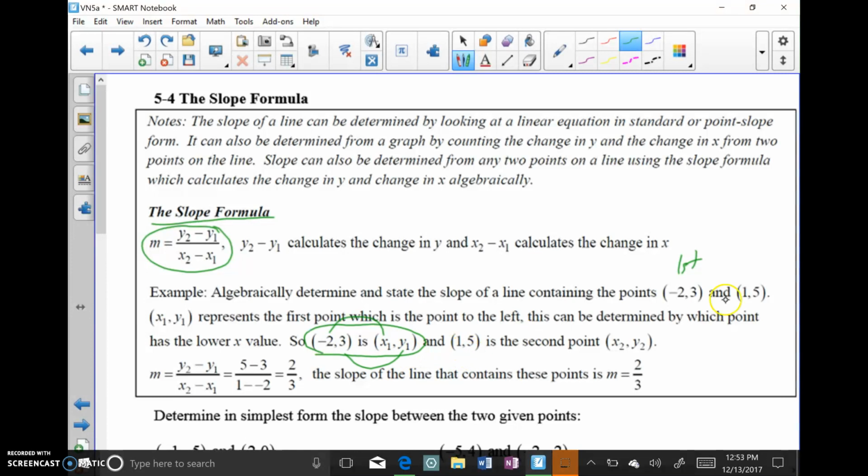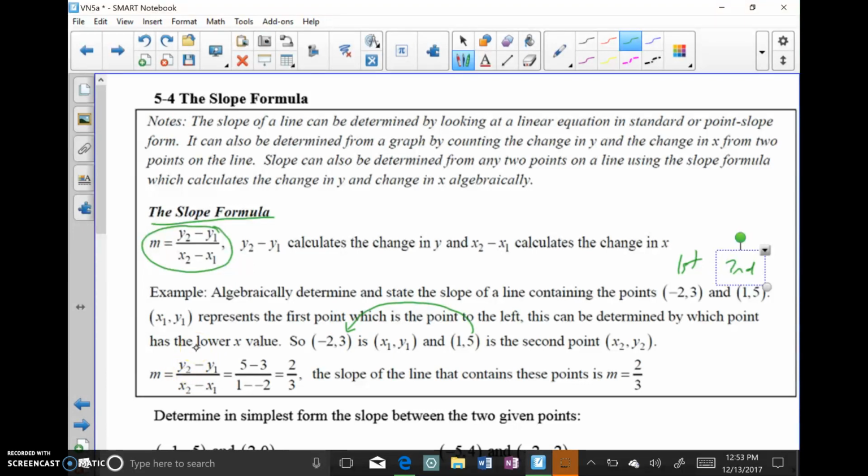And then the second point here, 1, 5, that's going to be x2, y2, where the first number is x2 and the second number is y2 and so on. So basically, we're going to subtract the points, but we subtract the y values, and we do second minus first. So our second y value minus our first y value. We see that here, y2 minus y1.